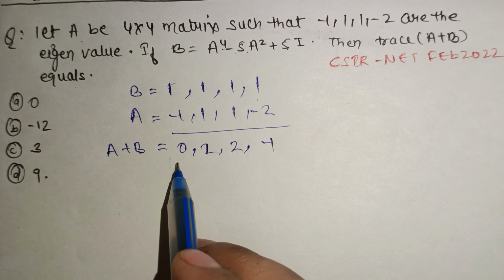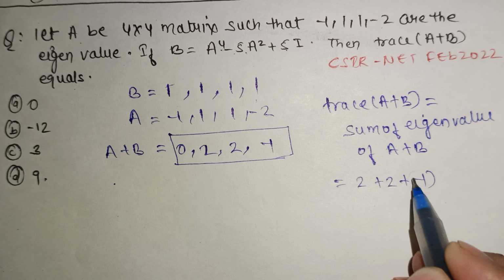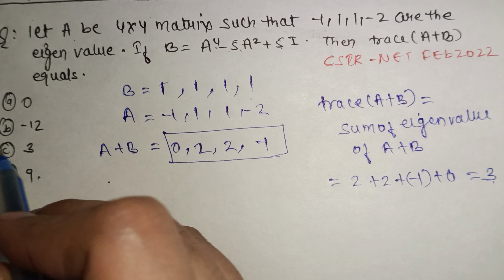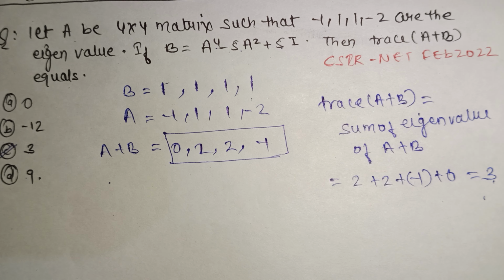Here we have to find the trace of A + B, which is equal to the sum of the eigenvalues of A + B. So what is the trace? That is 2 + 2 + (-1) + 0, which equals 3. So our answer C is correct, that is, trace of A + B is equal to 3. So this is the solution.